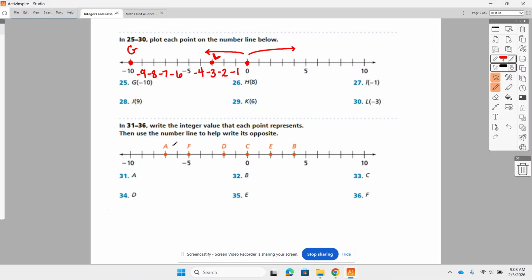Sometimes they might want you to also write opposites. Remember, the opposite of F, negative 5, would be positive 5.